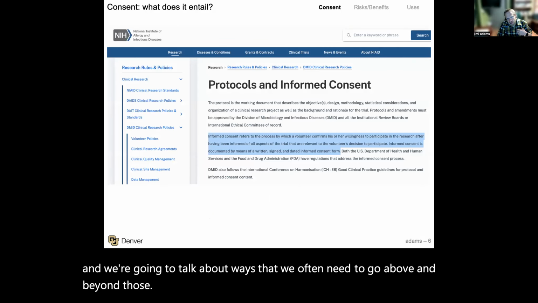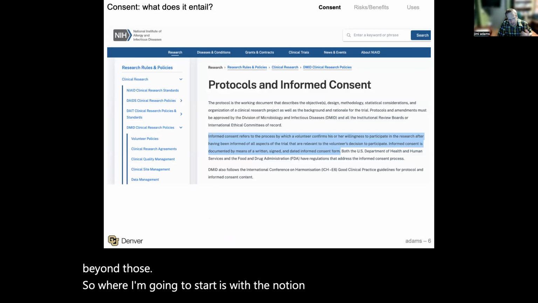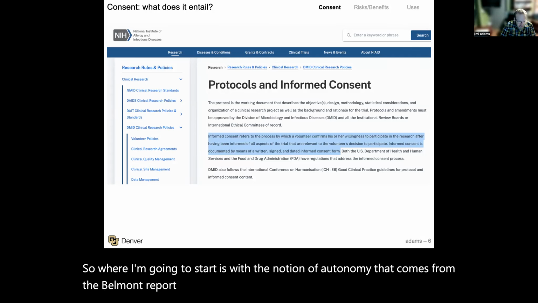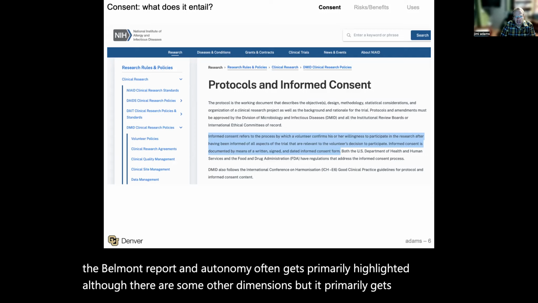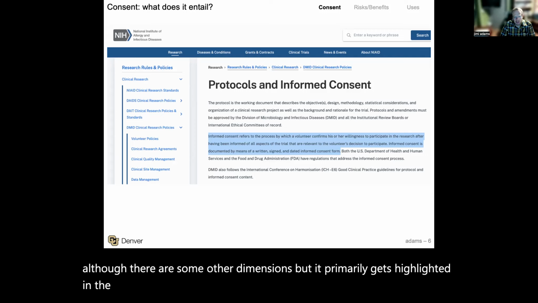So where I'm going to start is with the notion of autonomy that comes from the Belmont report. Autonomy often gets primarily highlighted, although there are some other dimensions, in the notion of what gets termed informed consent.